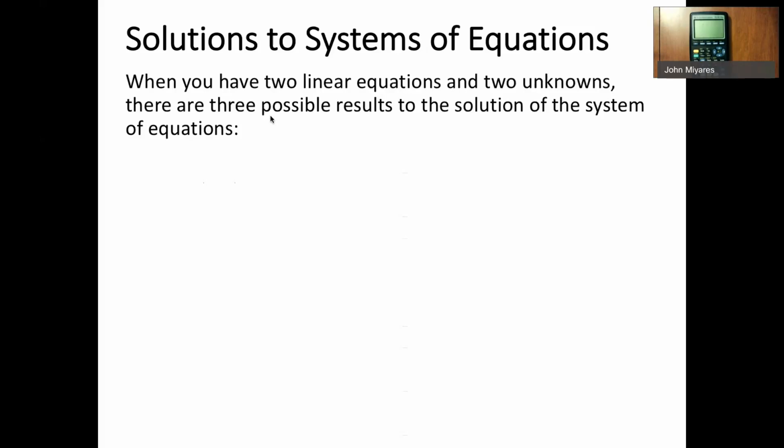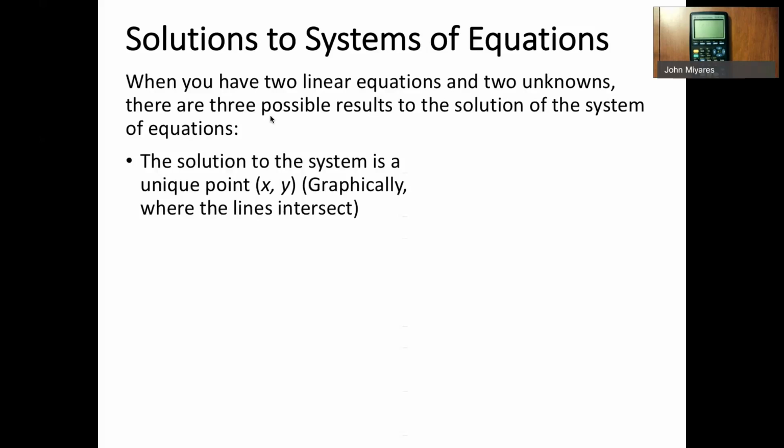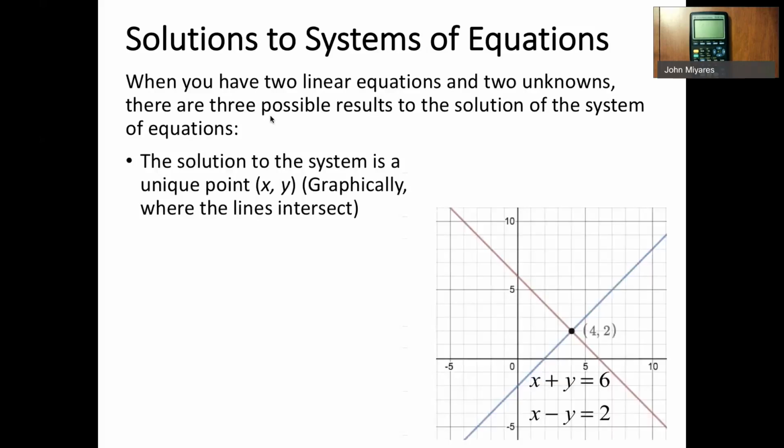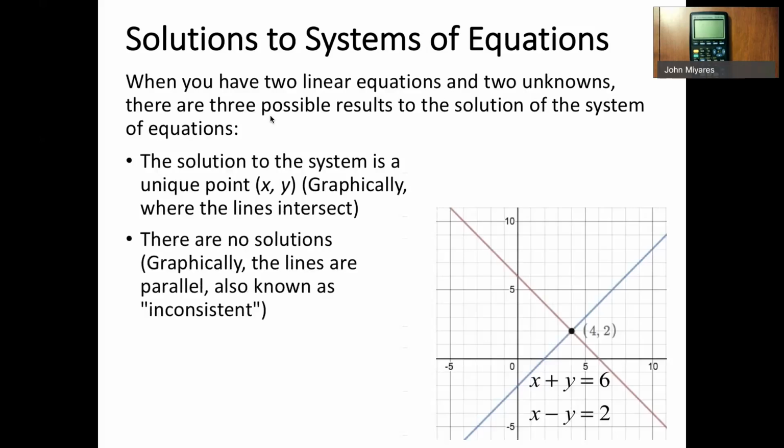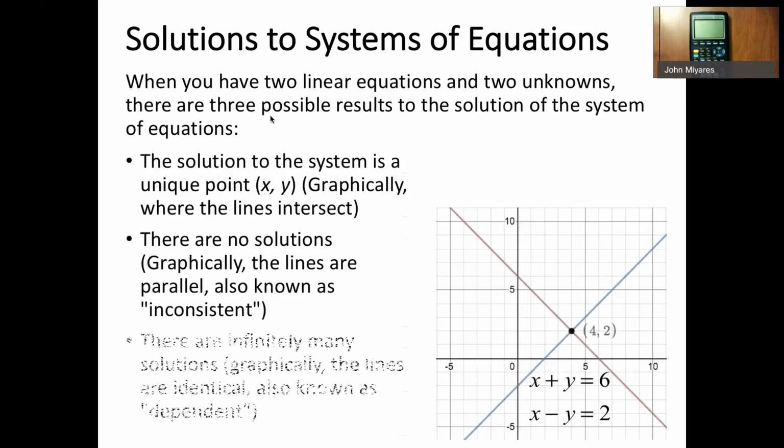One unique solution, which graphically represents the crossing point between two graphs. No solution, which we call inconsistent, and that happens when the two lines are parallel. And a third case, which we just saw, which we call dependent, where there are an infinite number of solutions because the two lines are right on top of each other.